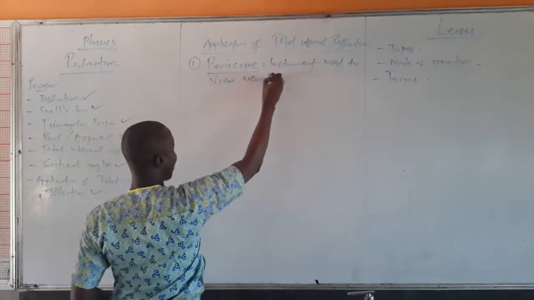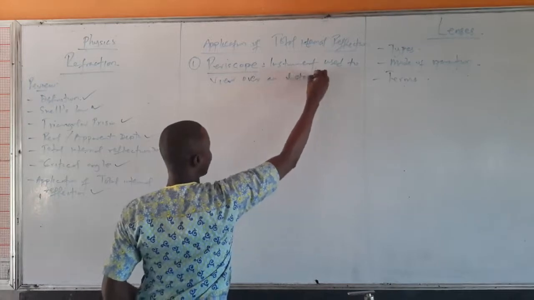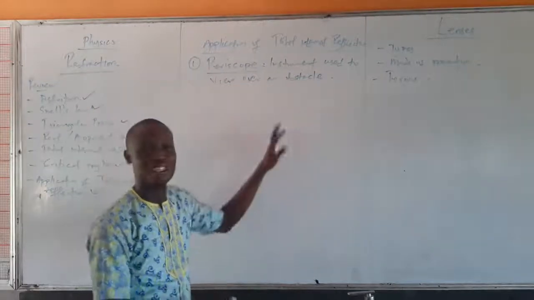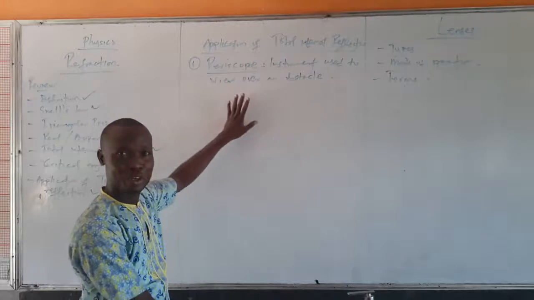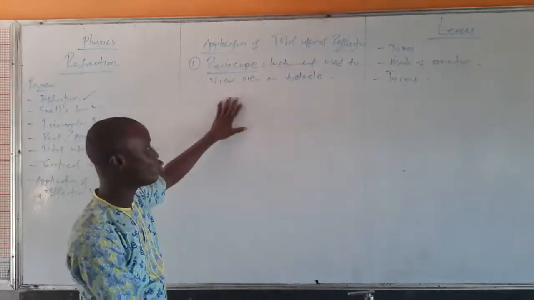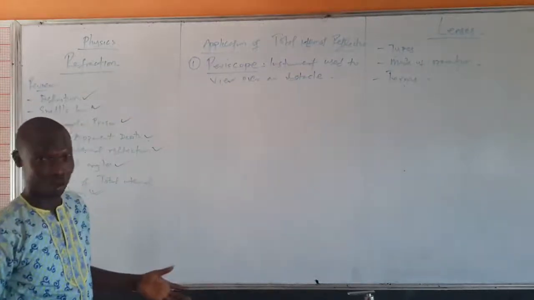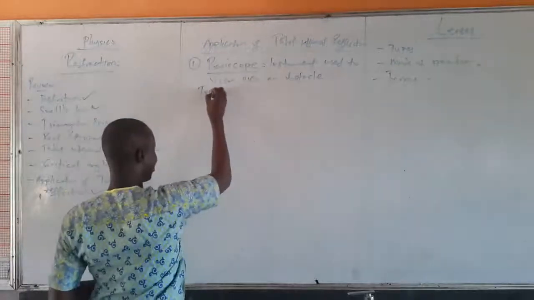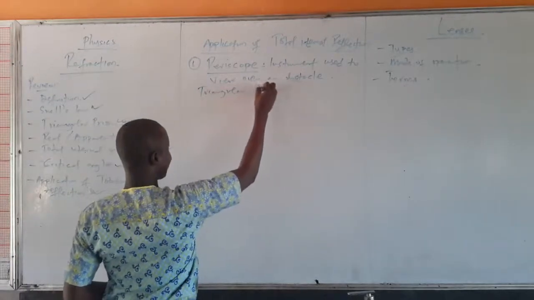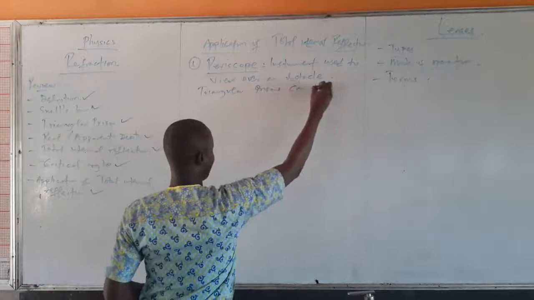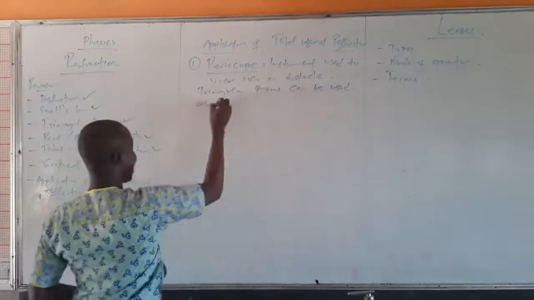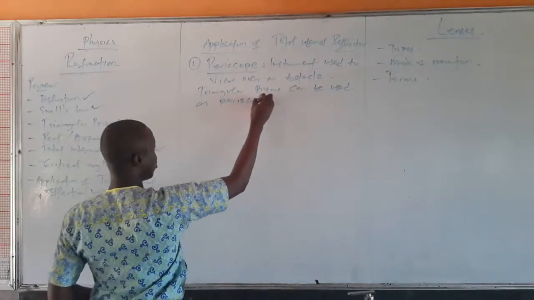Now recall that when we were dealing with plane mirrors, we said we can use plane mirrors for a periscope. Likewise, we can also use triangular prisms as periscopes.